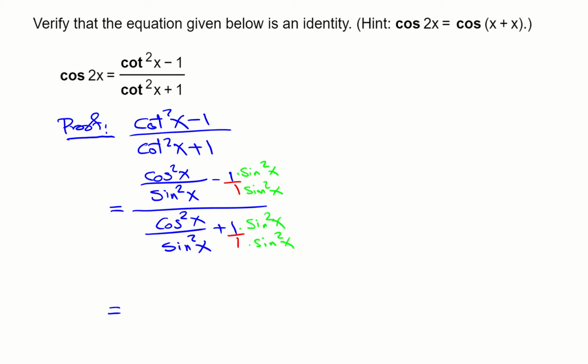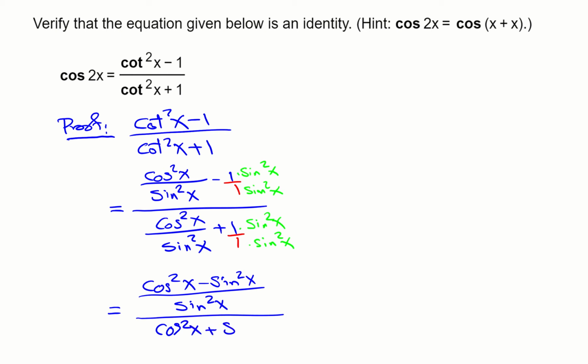So we end up with cosine squared x minus sine squared x over sine squared x over cosine squared x plus sine squared x over sine squared x.